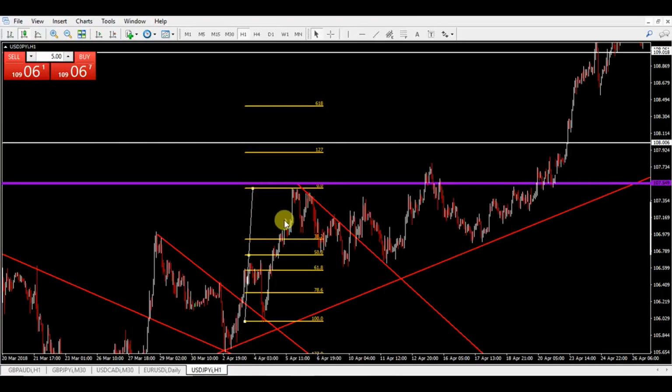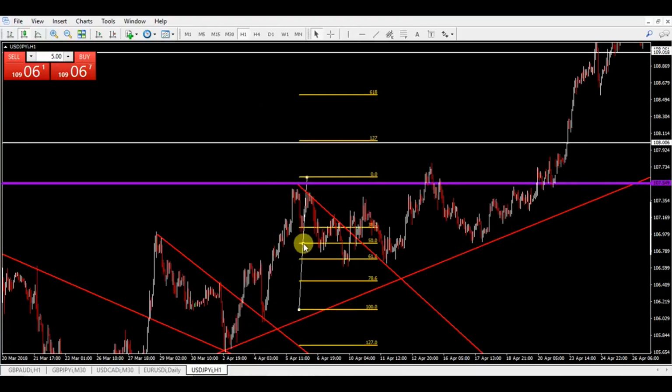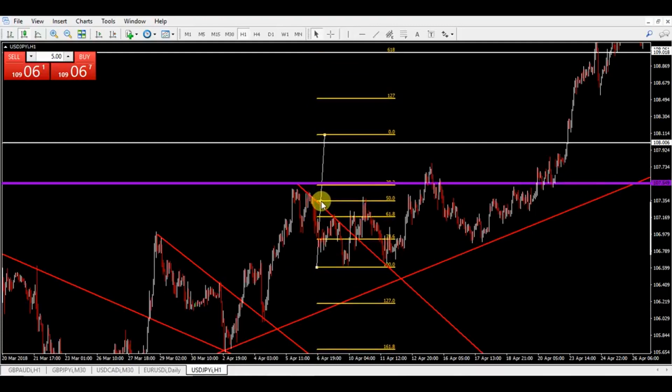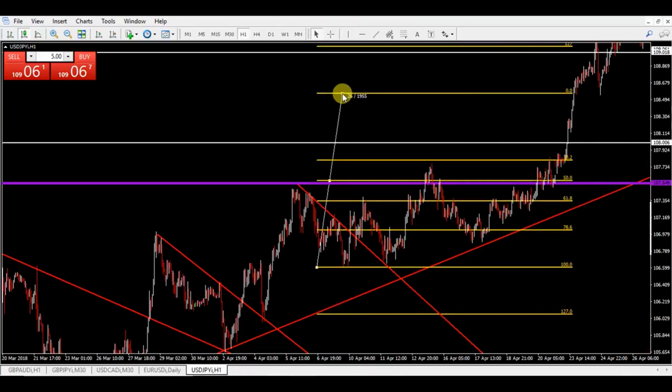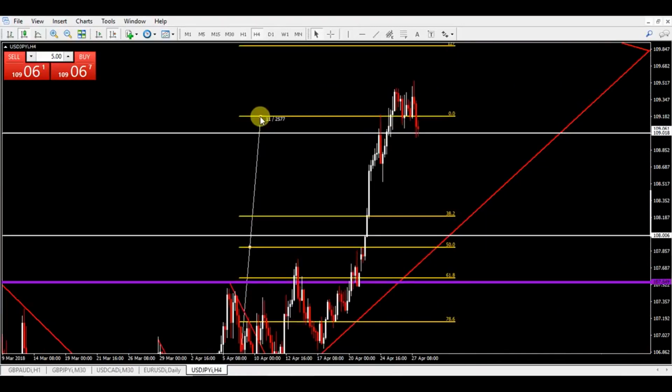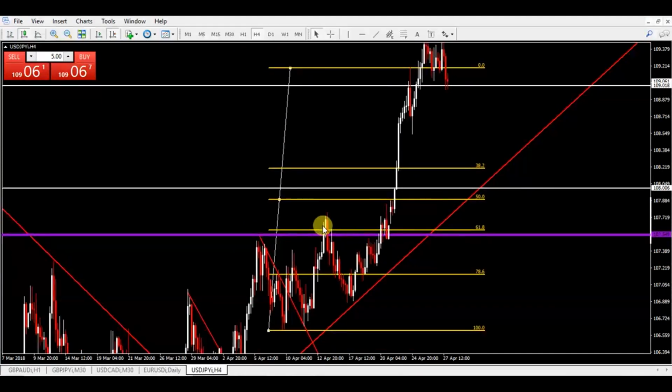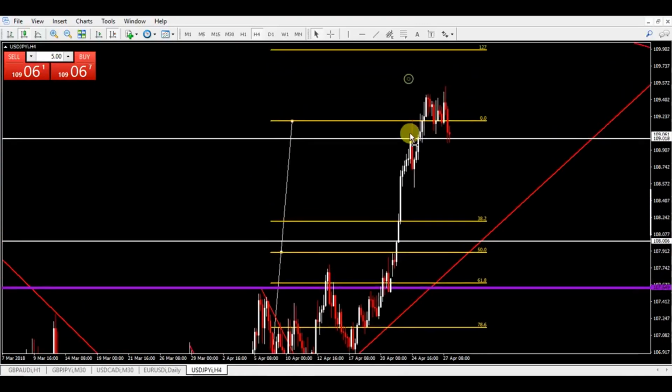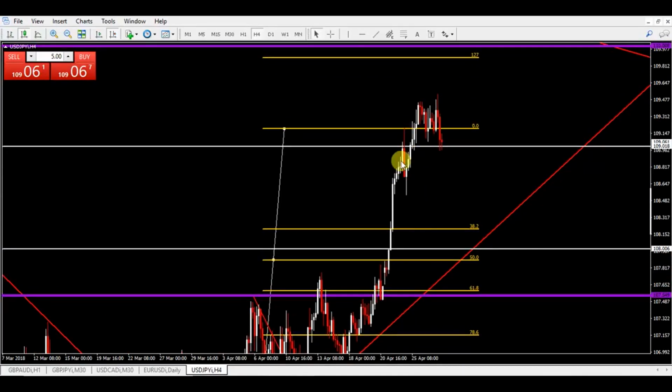As we know, the C becomes the new A. So we have the A, B, C, D. That 61.8 extension was hit, blasted through right around this area. And now we have the new A, B, anticipating the C. And look at, what do you know?